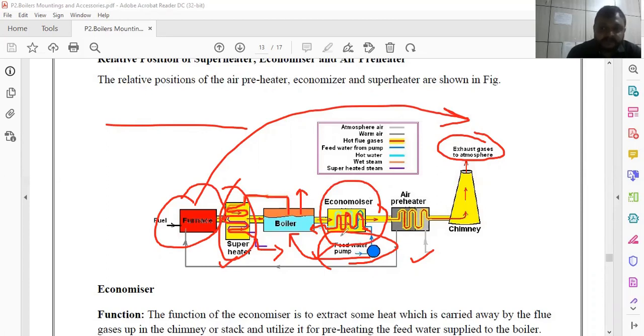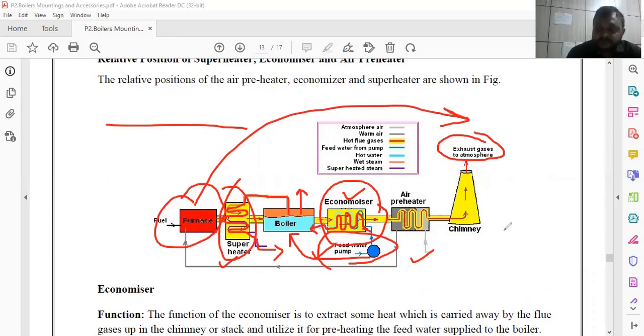So preheated water is supplied inside the boiler rather than normal feed water by means of the economizer. That is the second accessory, the second position in the path of the exhaust gas. Then the exhaust gas comes from the economizer towards the chimney.